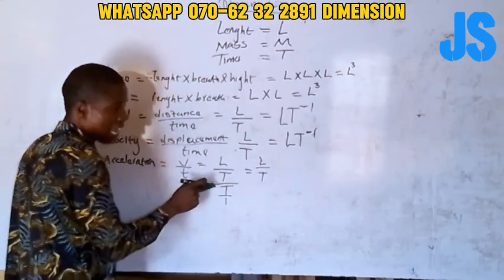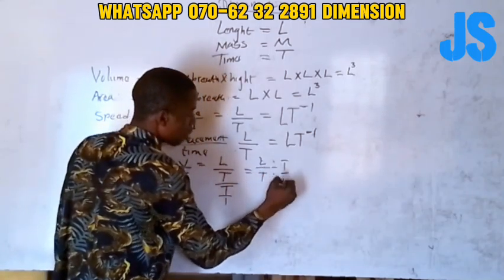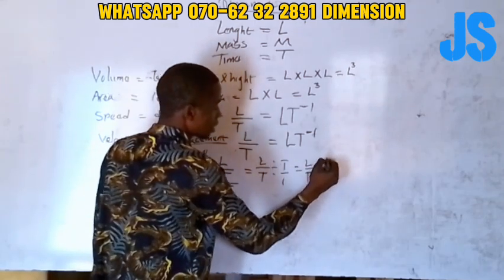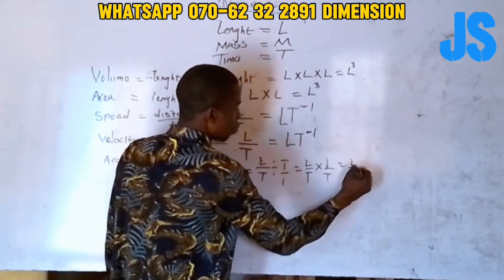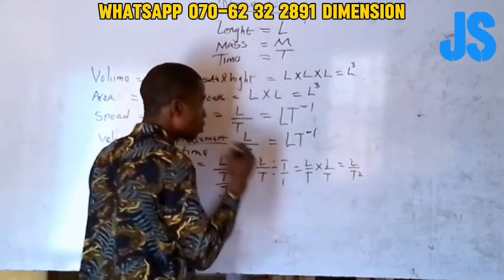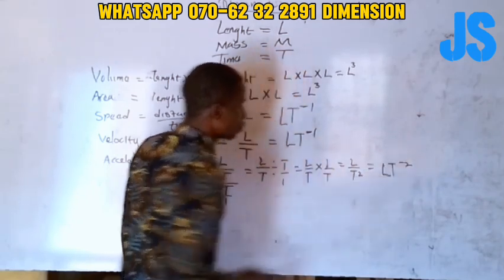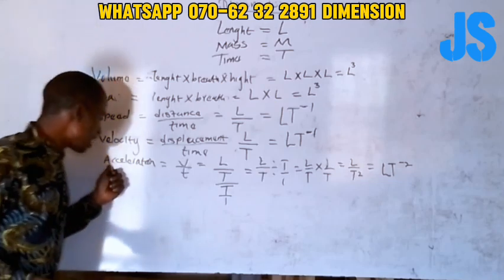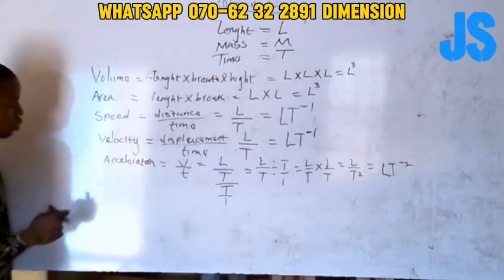This is the division line. If you want to turn it into times, it becomes L all over T times 1 all over T, that is L all over T squared. Now it becomes L T minus 2. That's the dimension of acceleration.